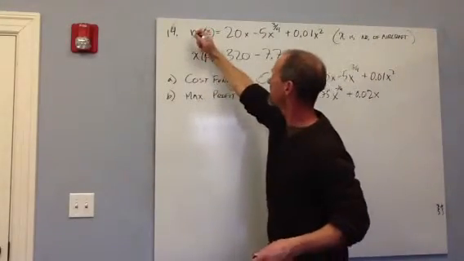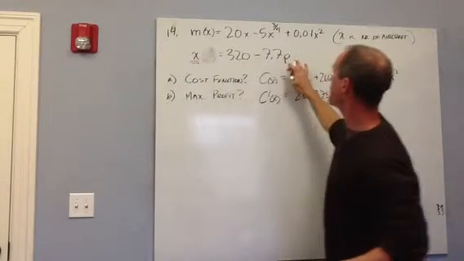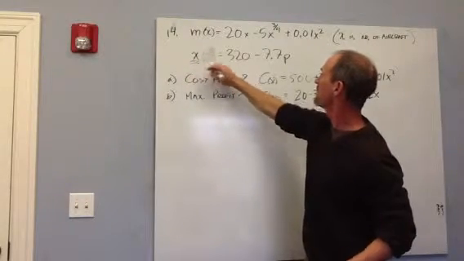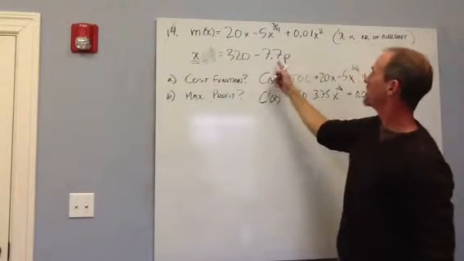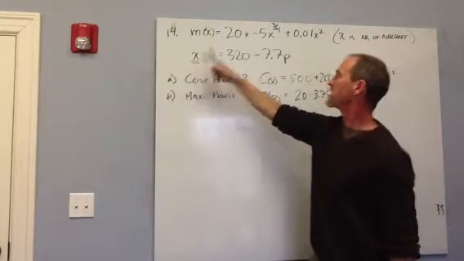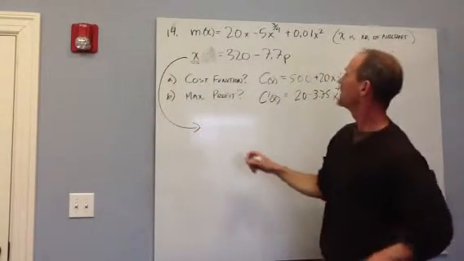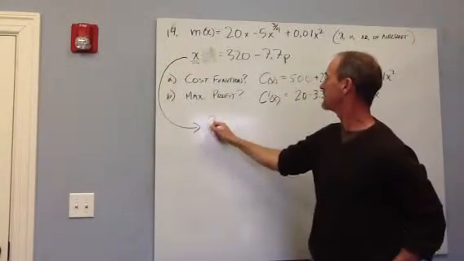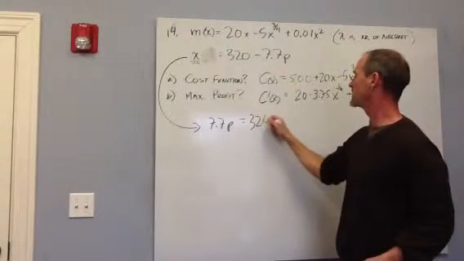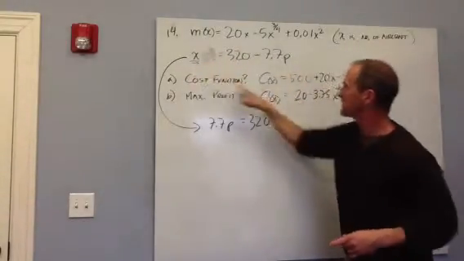It helps to sort of take away the variable function notation and just say we're solving p in terms of x rather than x in terms of p. So how do I solve this? Well, I'm going to add the 7.7p to both sides. I'm going to take away the x from both sides. So 7.7p is going to be equal to 320 minus x when I move this over to this side and move this back to this side.